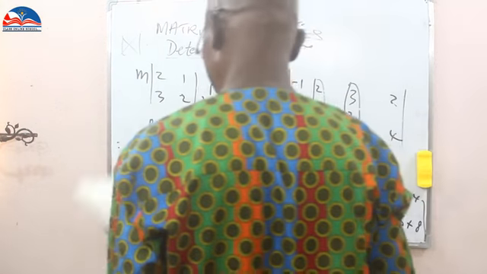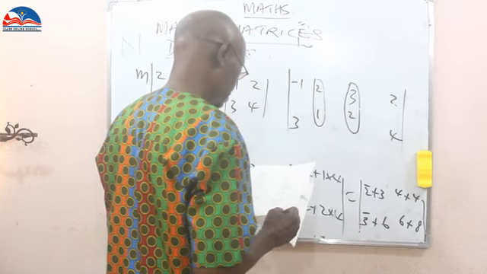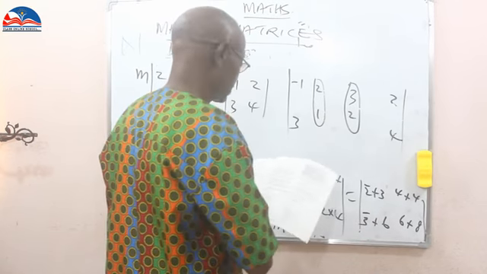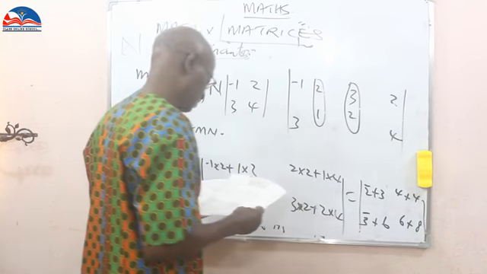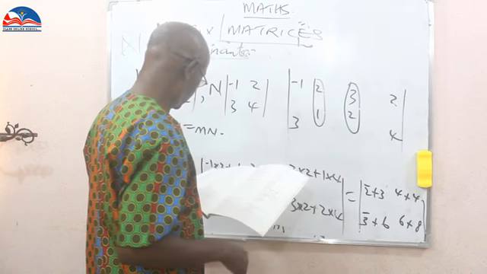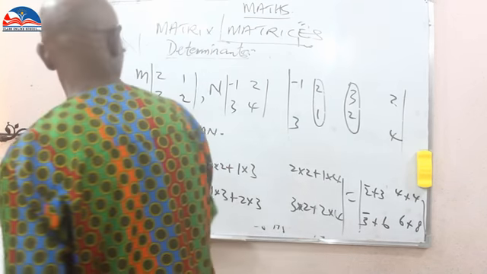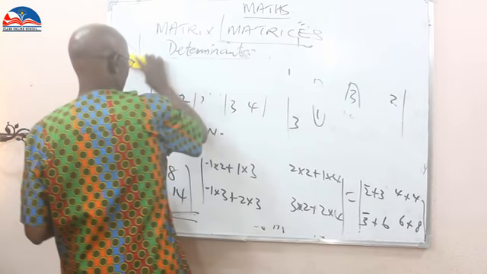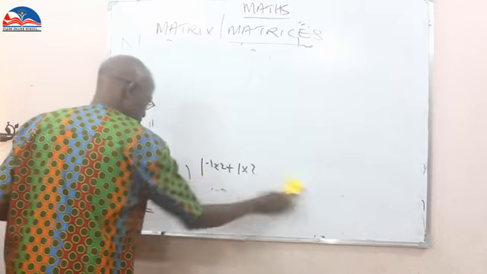Let us take this question, and this is 2017 essay number 12B. Quickly, see where you find the simultaneous equation.